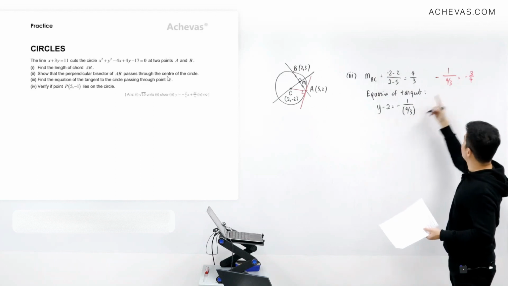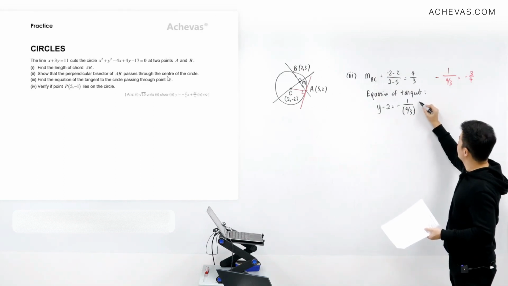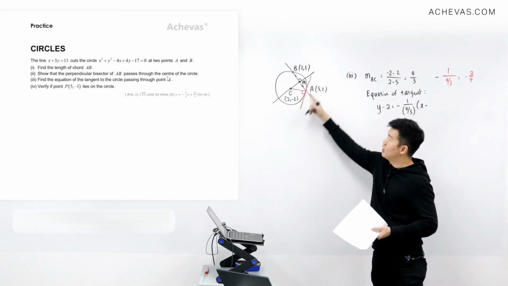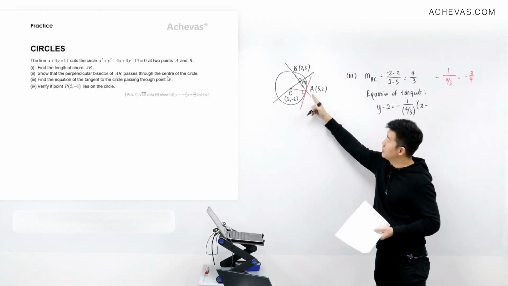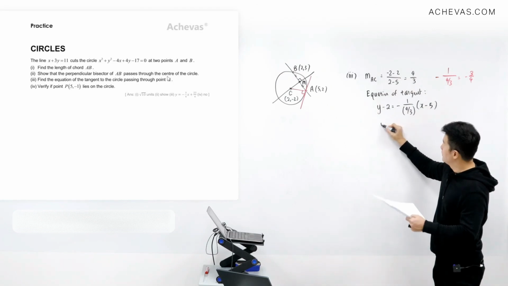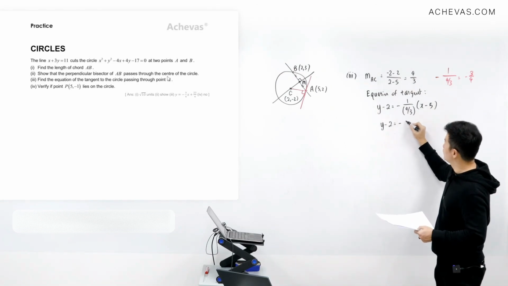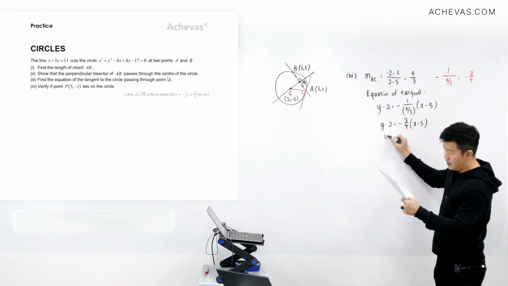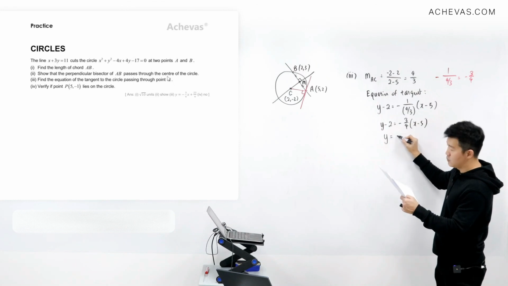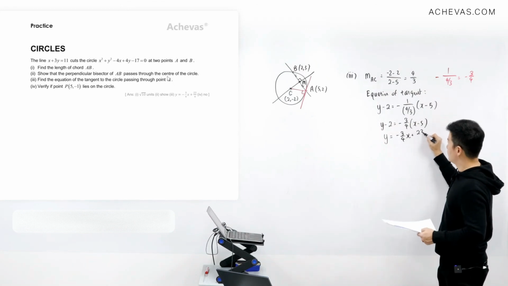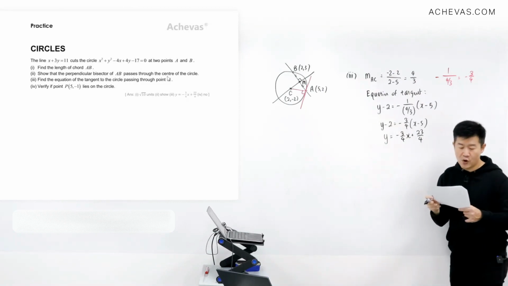It is equal to minus 3 over 4, and x minus the x coordinate of a point lying on the tangent, which is the x coordinate of point A, so x minus 5. And this will be y minus 2 is equal to minus 3 over 4 of x minus 5. And the equation of this tangent is y is equal to minus 3 over 4 x plus 23 over 4.